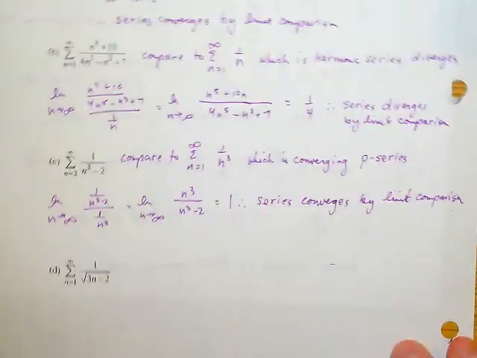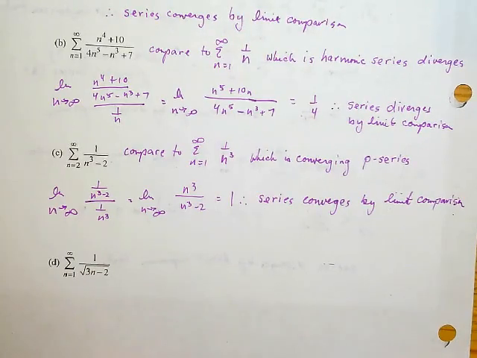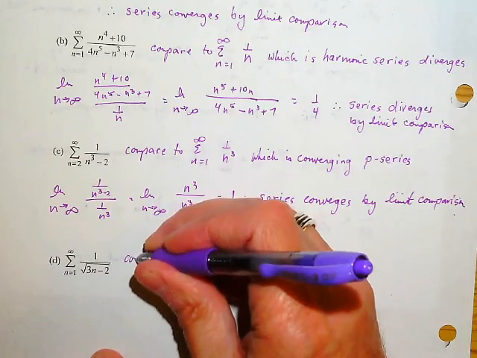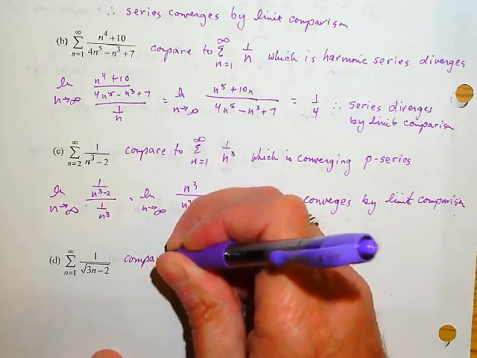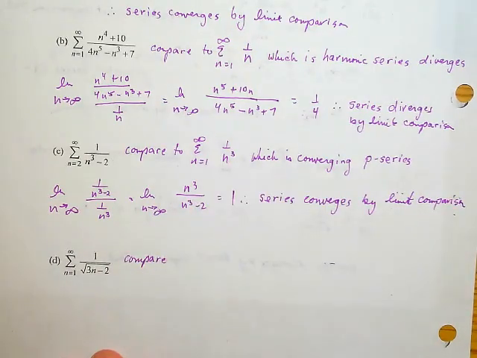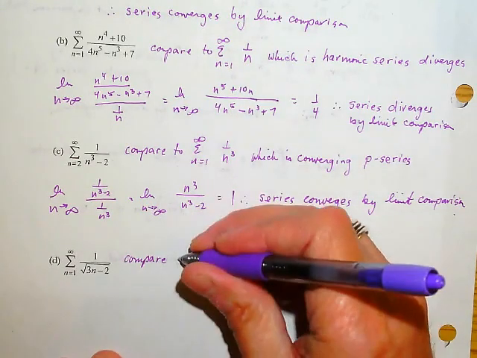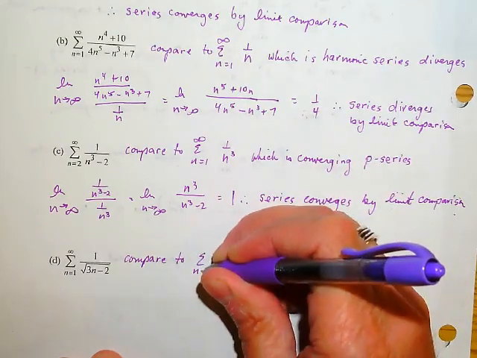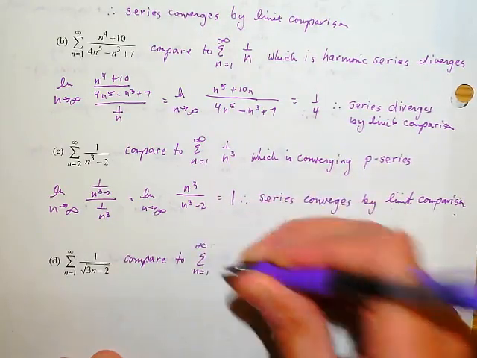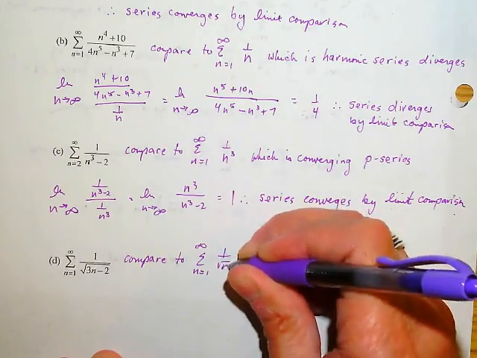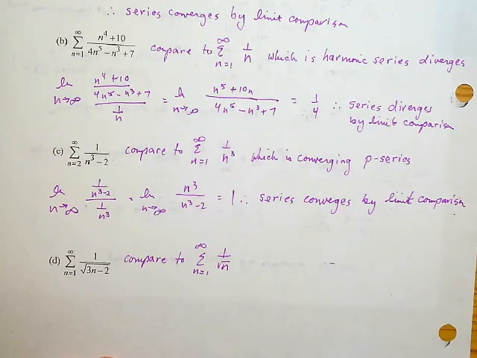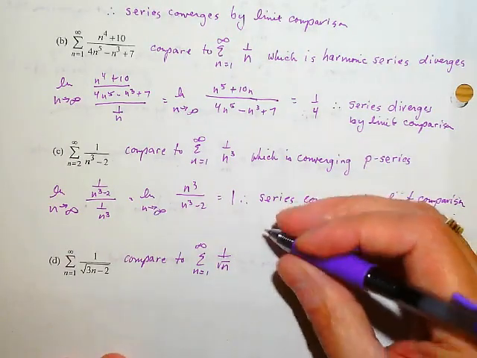All right, last example. 1 over square root expression. Well, haven't I been getting the exponents or the degrees to match? What if I try this then? The sum from 1 to infinity of 1 over square root of n, or 1 over n to the 1/2 power. Isn't that a p series?